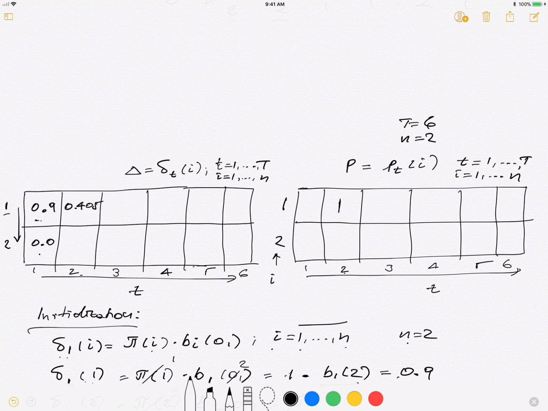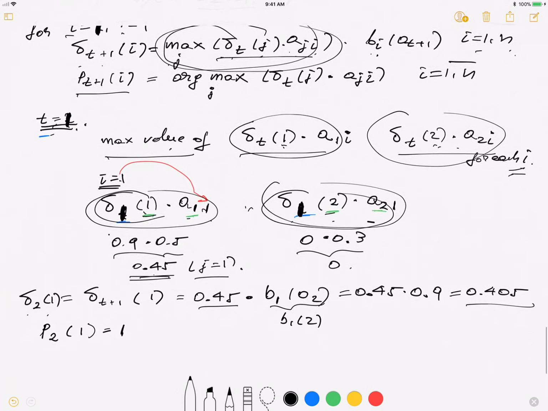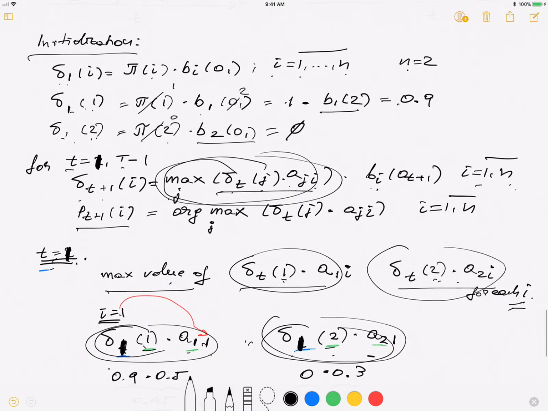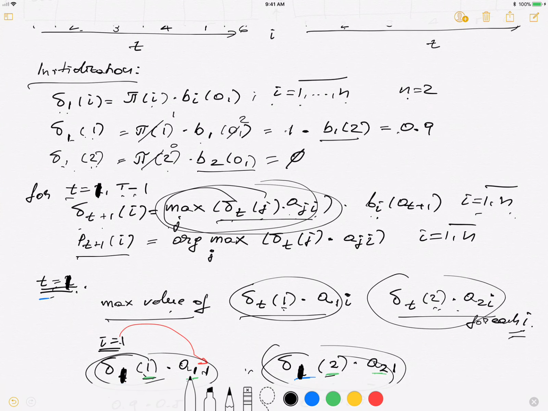Good. Now, of course, I need to recalculate for i equal 2. Remember, for each t, I need to find delta t plus 1 and p t plus 1 for each i.